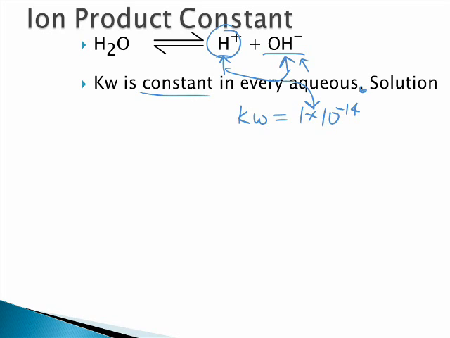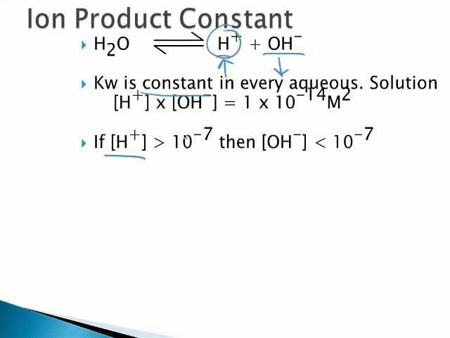And if we're going to make it always equal 10 to the minus 14, it will go down. If we increase hydroxide, the hydrogen ions will have to go down, Le Chatelier's principle, to compensate and always get 1 times 10 to the minus 14. If the hydrogen ion goes up, then this will go down. We're always going to get 10 to the minus 14.